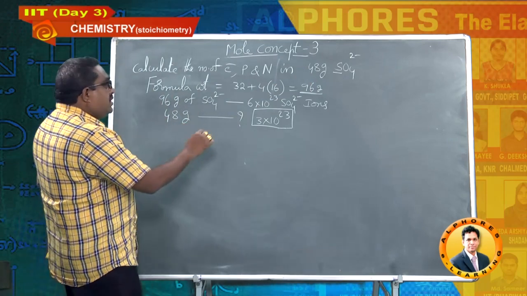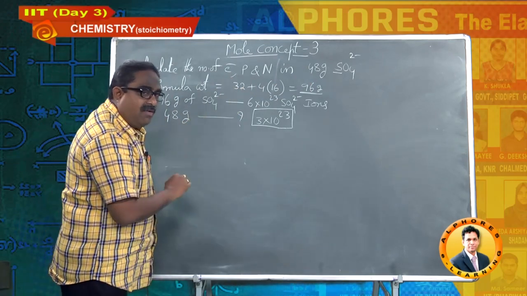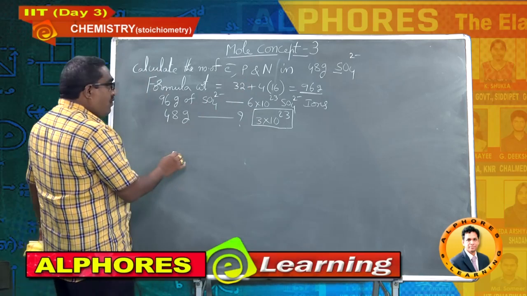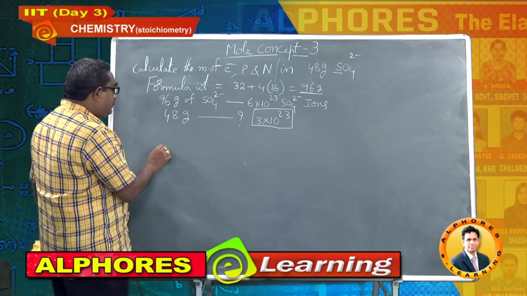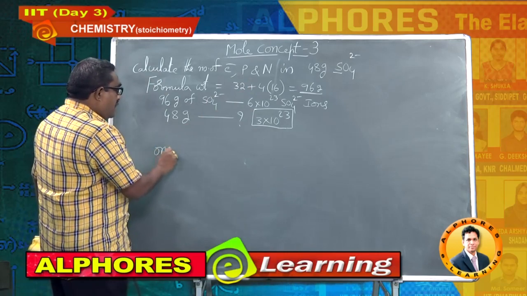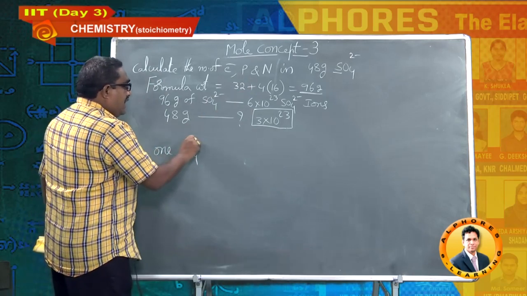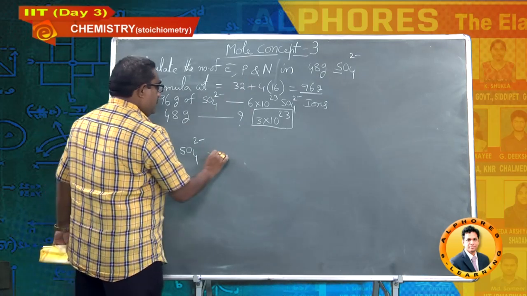Yes, now I got the number of ions. Now I have to estimate the individual number of electrons, protons and neutrons for one sulfate ion.